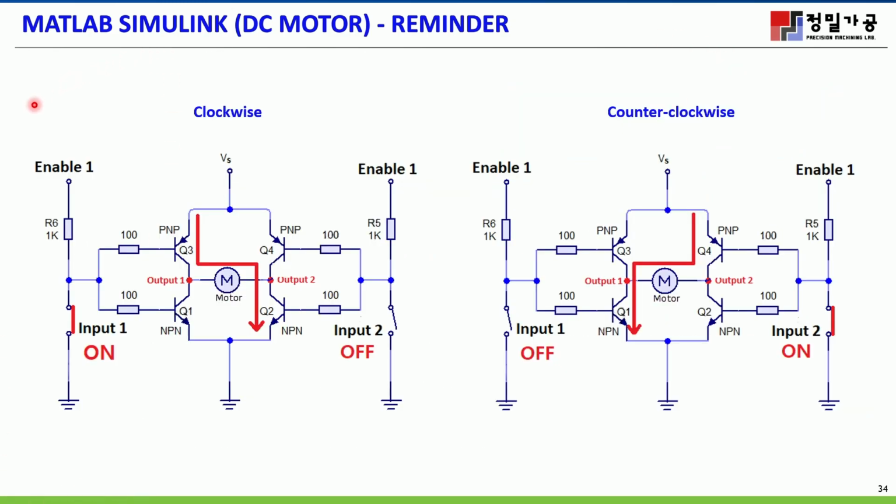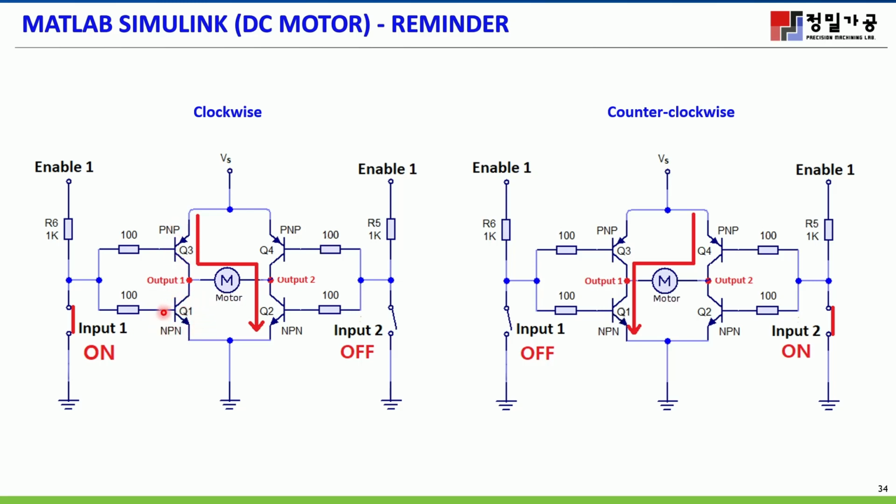Okay, basically this is an illustration of the motor rotating clockwise. This is an analogy: when input 1 is on, it means it's connected to ground directly, giving the signal as 0 in here. At the low state, the transistor on this side will be active.